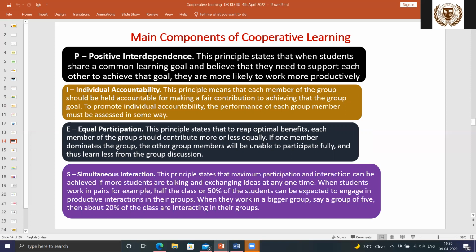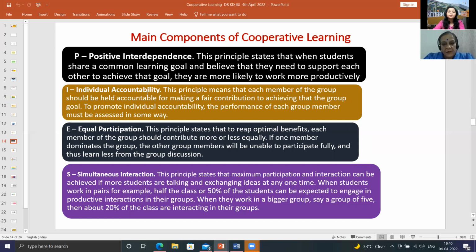Then simultaneous interaction. This principle states that maximum participation and interaction can be achieved if more students are talking and exchanging ideas at one time. When students work in pairs, for example, half the class or 50% of the students can be expected to engage in productive interaction in their groups.